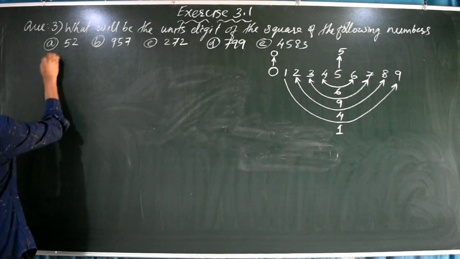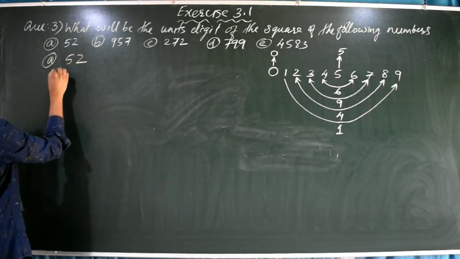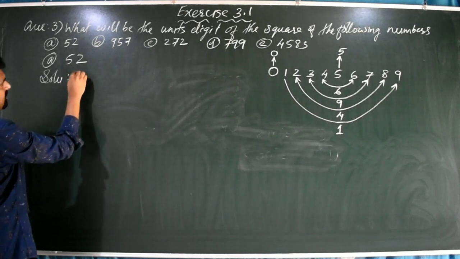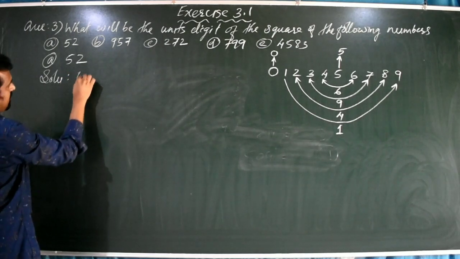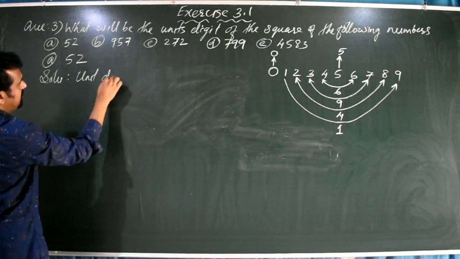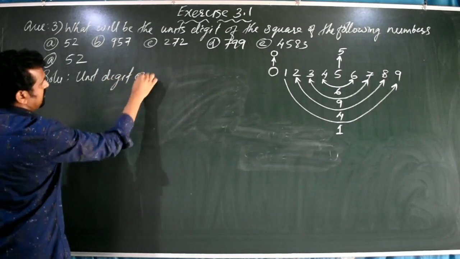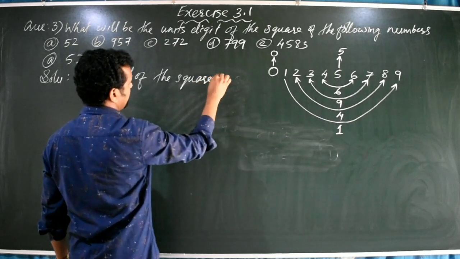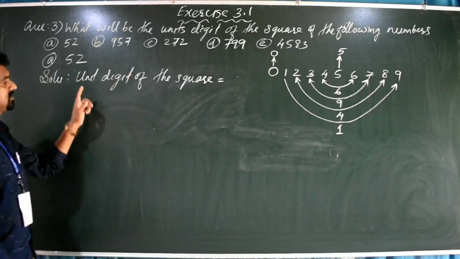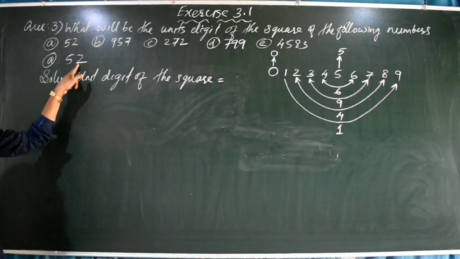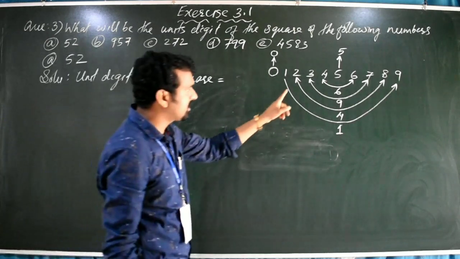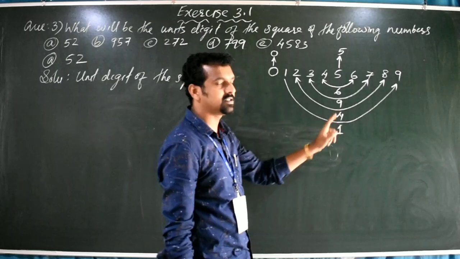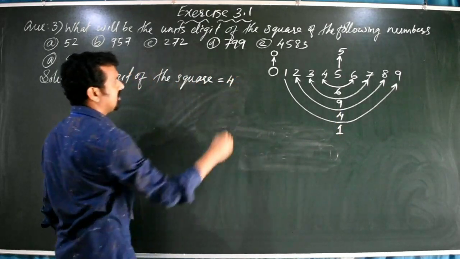Answer we can write, unit digit of the square is equal to, how can we find out that? Just you see that last digit. What is the last digit? 2. If a number ends with the digit 2, then its square will end with the digit 4. So it will come 4.